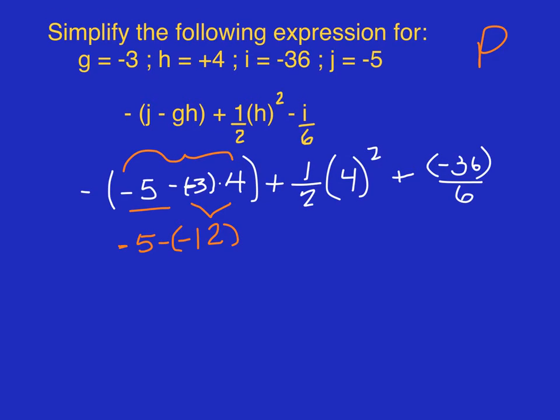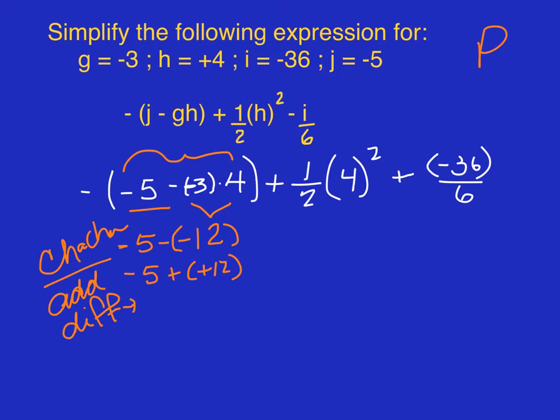I've got a subtraction problem, so I get to cha-cha-cha: stay, change, change. And now I'm adding, and the signs are different. Find the difference. So I have to find my absolute values of both of these.